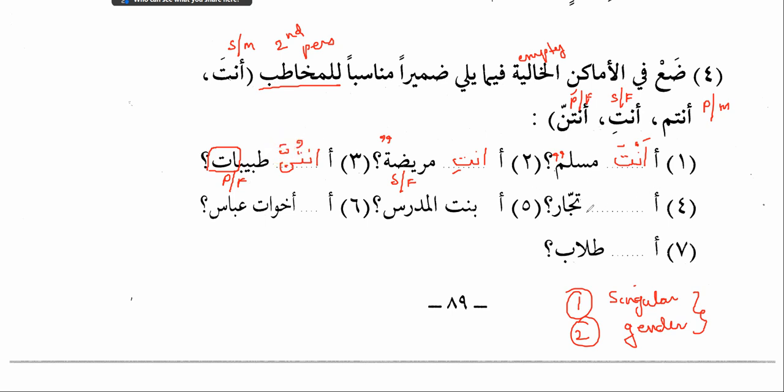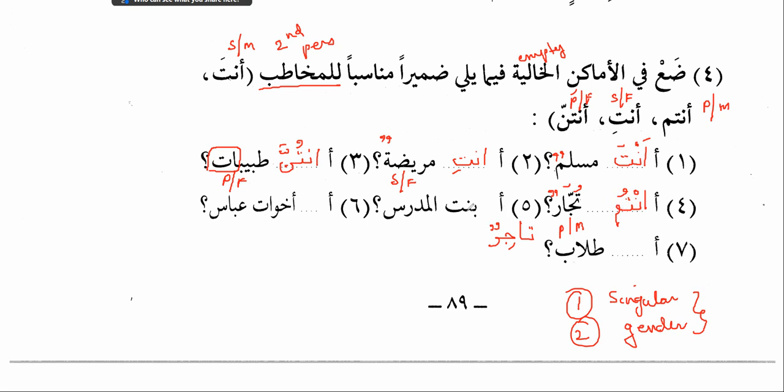A dash tujarun. Tujar is plural male and the singular is tajir. So, antum. Okay, separate pronouns. Antum tujarun.